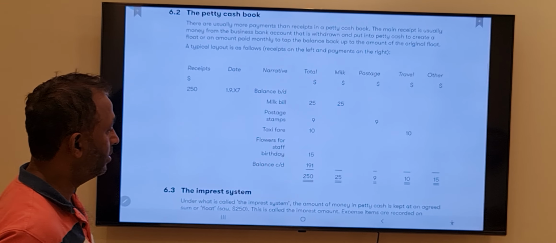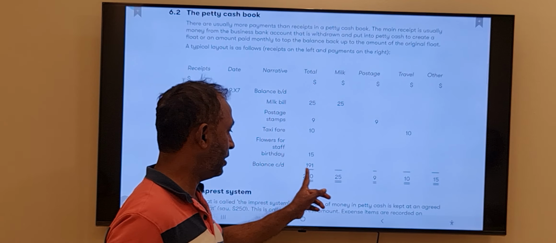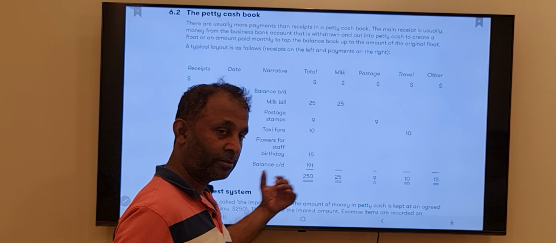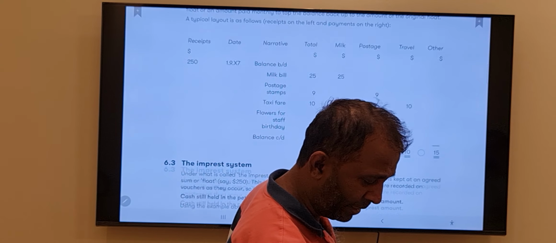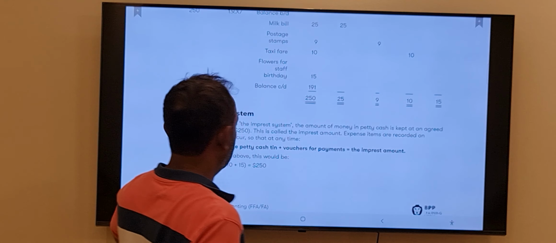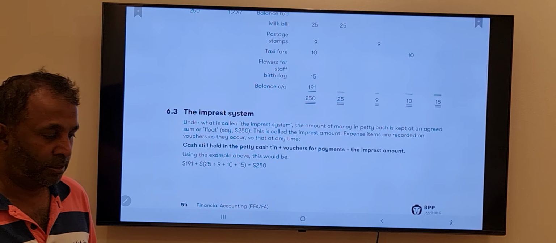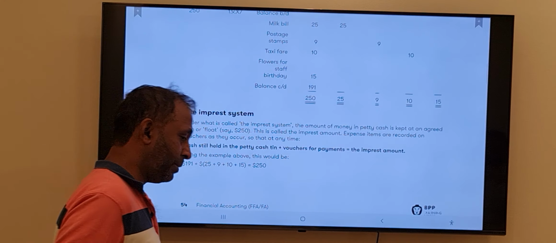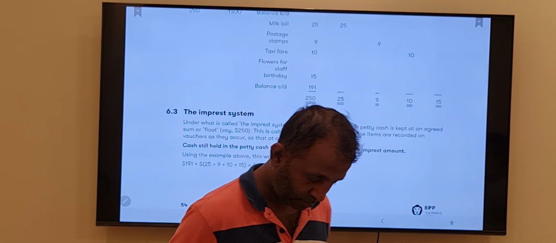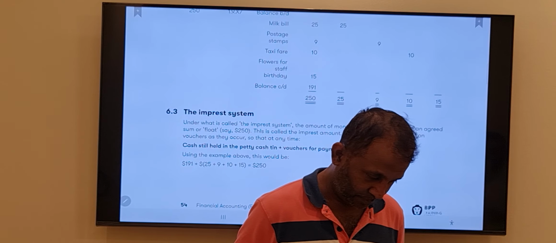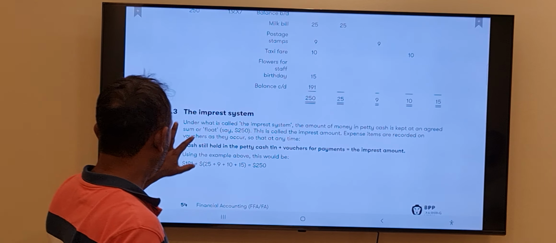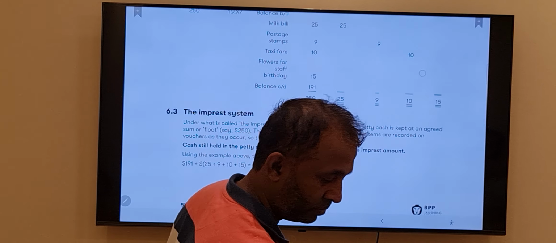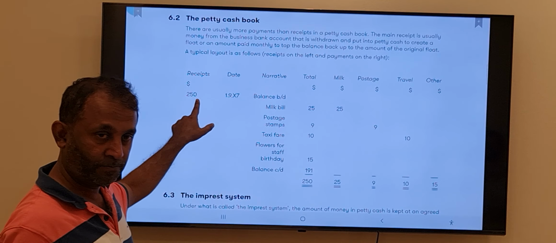And then they balance this. This is the balance amount taken for the next period. Now there is something called the imprest system. Let's say now this company gave you 200.